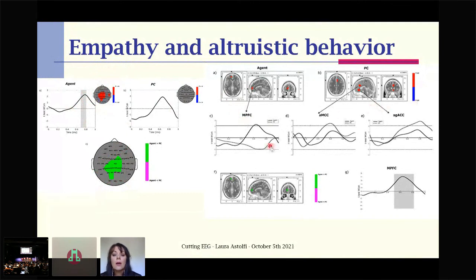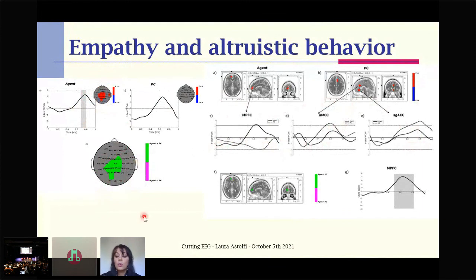This was made by LORETA. So the spatial resolution is not high, but the identification of key regions for empathy and for social interaction is quite accurate. And also the synchronization between the two subjects can be much better understood here with respect to what we can gather from the scalp.